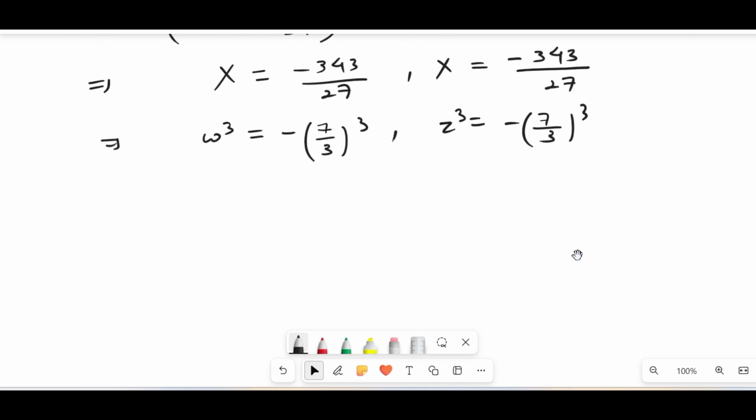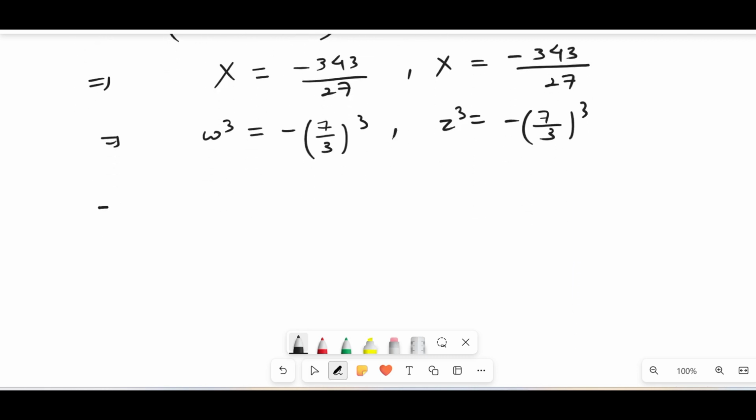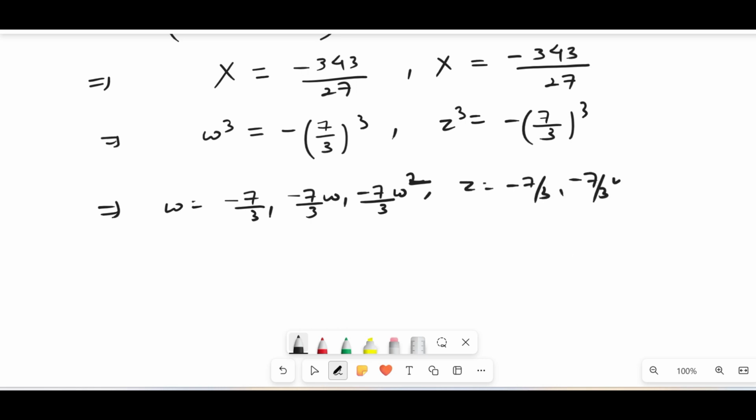So by using the cube roots of unity, we can find w, that is negative 7 over 3, negative 7 over 3 omega, negative 7 over 3 omega square. Similarly, the value of z is negative 7 over 3, negative 7 over 3 omega, negative 7 over 3 omega square.